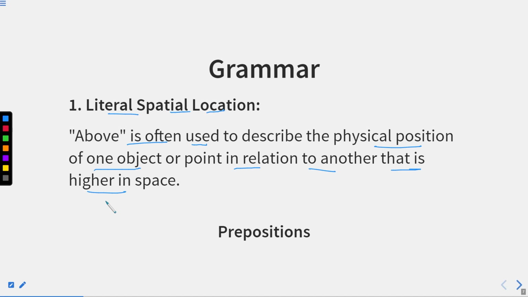Though I'm using this word more higher, which is grammatically incorrect, I'm using it to show the extremeness of height. If something is beyond that particular higher point, there we can use the preposition above. For example, if something is here and in relation to this object, obviously this object is beyond the height of this object, so we can use above.